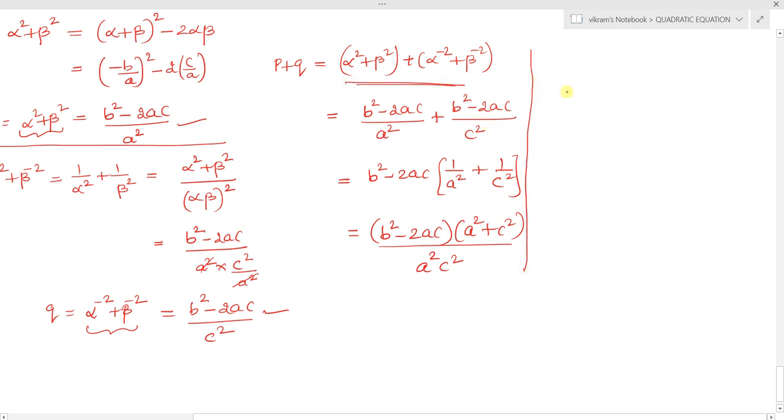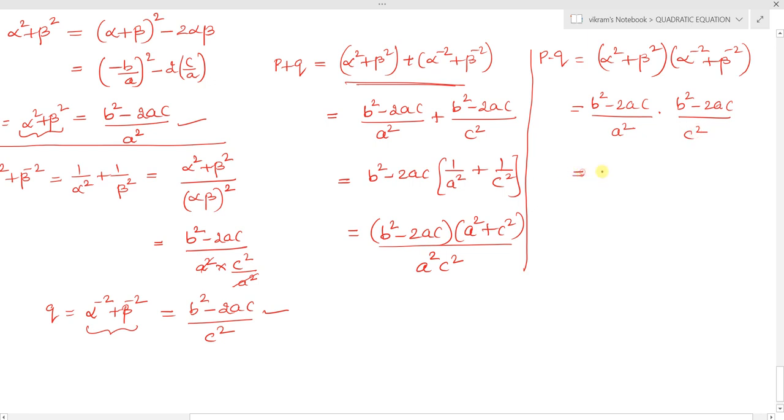Now what is the product of the roots? So p into q, where p is alpha square plus beta square and q is alpha power minus 2 plus beta power minus 2. So alpha square plus beta square is (b square minus 2ac) by a square, into alpha power minus 2 plus beta power minus 2, which is (b square minus 2ac) by c square, which equals (b square minus 2ac) whole square by (a square into c square).